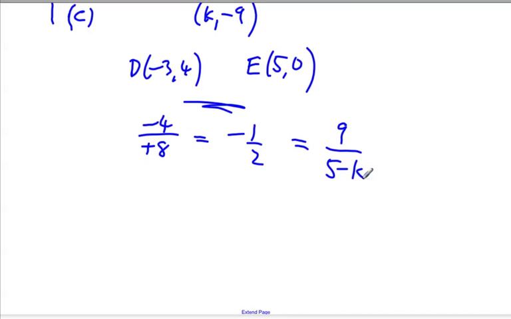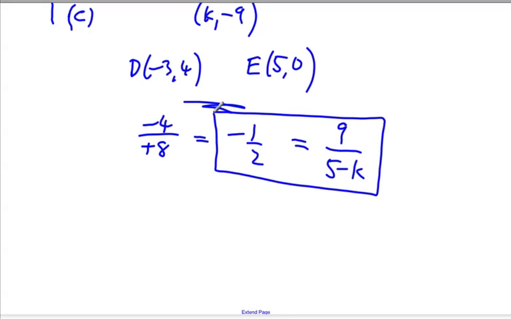So what I did when I looked at this, I said I need a number, and you can rearrange it, do the cross multiplication and all that, but you don't actually have to. The left-hand side of our equation is negative 1/2, and we want the right-hand side to be negative 1/2.